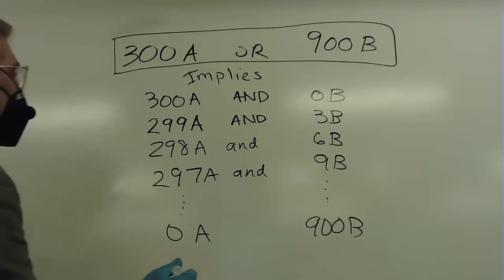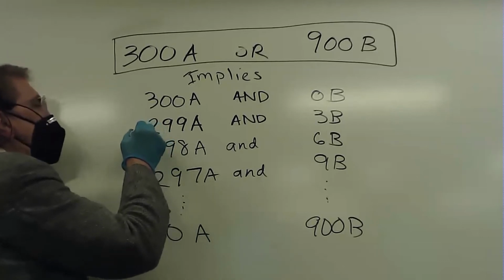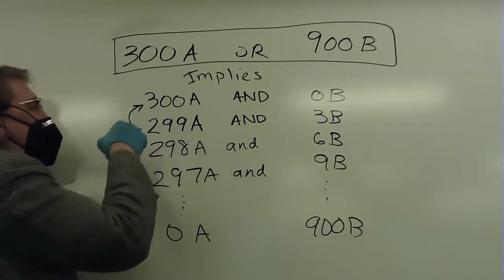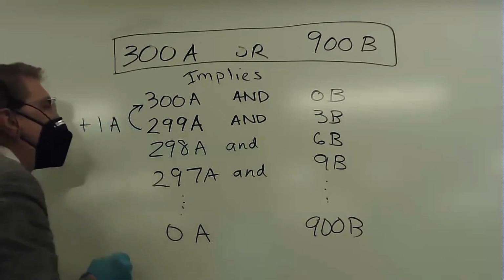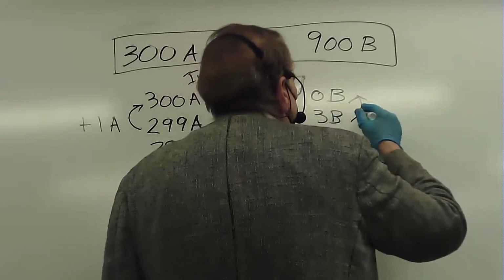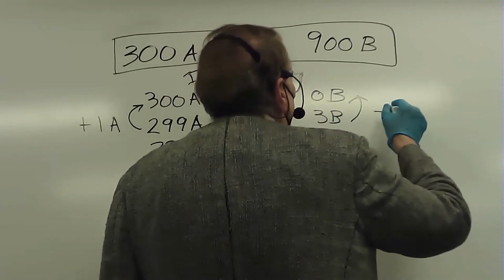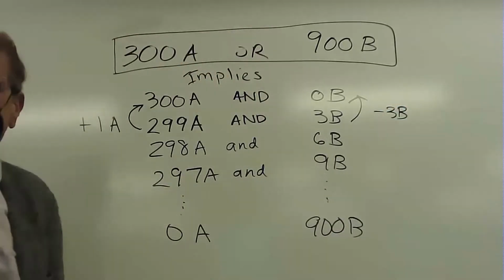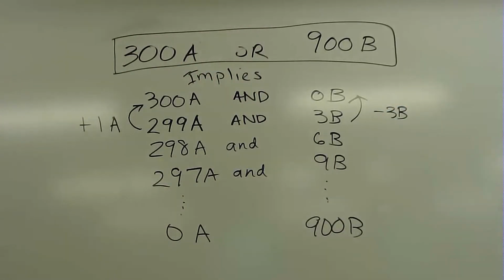That's important because, for example, we did this last time, if you wanted to add 1A, the whole table would tell us how many B's we have to give up. Like here, you have to give up 3 B's. That difference from 3 B's to 0 is you losing 3 B's in order to pick up that 1A. So having the concept of the table is good, but it takes up so much space that we don't do it that way. It helps to think of it that way, because that's really what's going on.